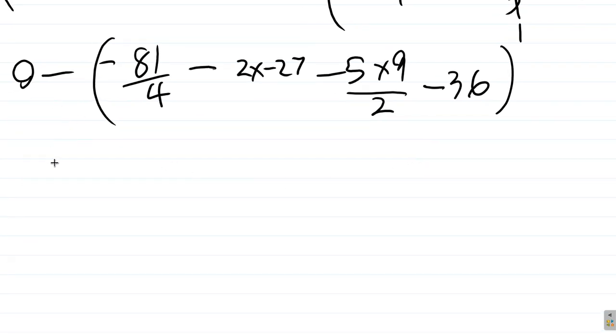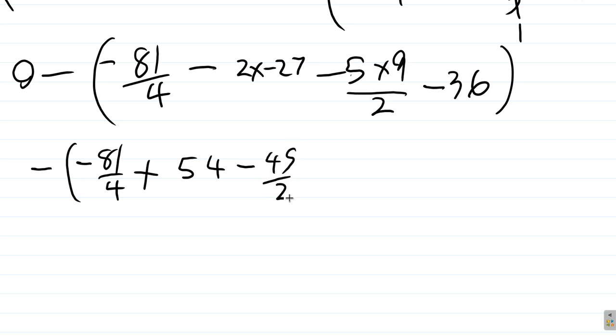Now, this is a negative open bracket, negative 81 over 4. Now 2 times 27, negative by negative gives you a positive, so this is going to be plus 54. This part is a minus 5 9s is 45, so 45 over 2 minus 36.